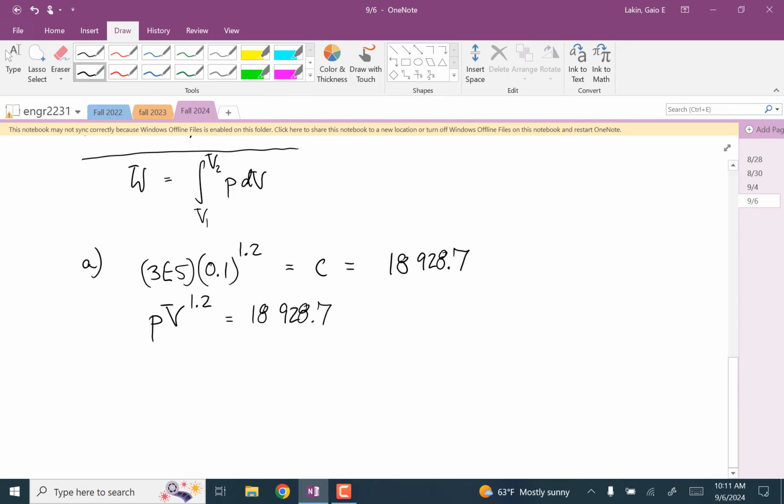And what we're trying to get is pressure as a function of volume. So now we can multiply each side by volume to the negative 1.2.